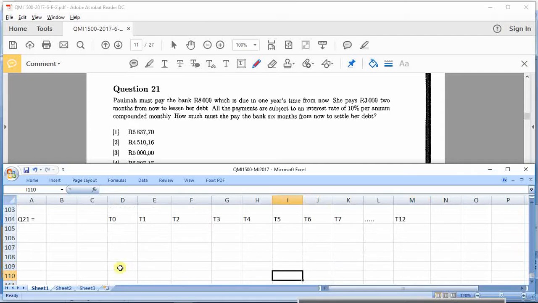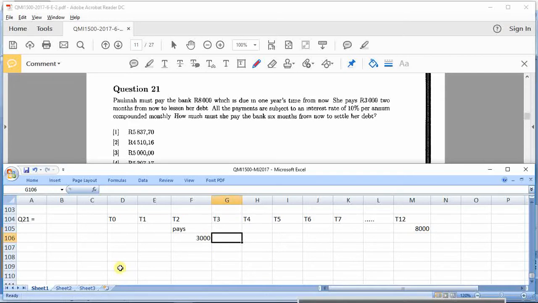Okay, so let's draw it. P must pay the bank 8,000, which is due in 1 year's time from now. So 8,000 is due then. She pays 3,000 2 months from now. Ooh, 2 months, not 3 months.